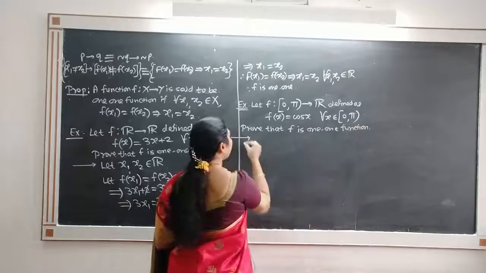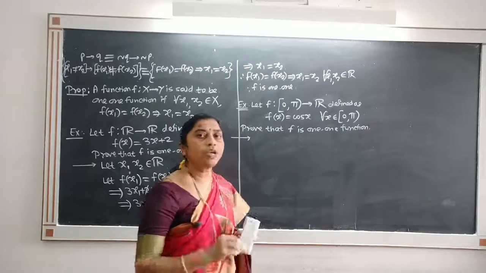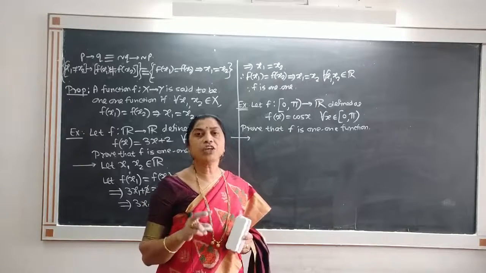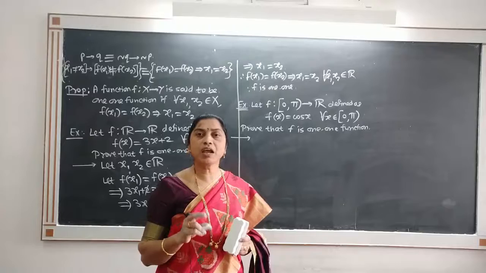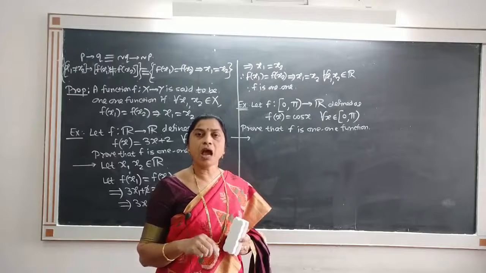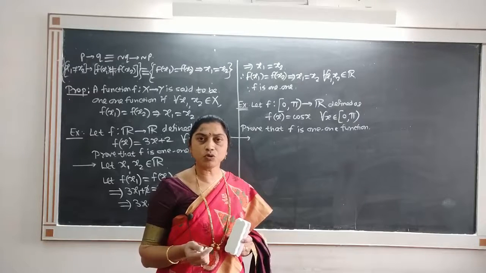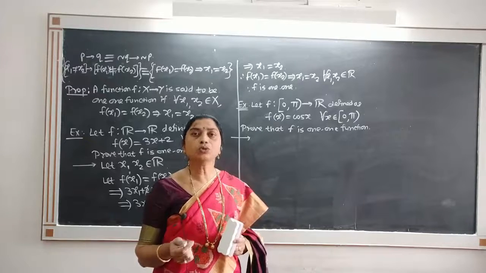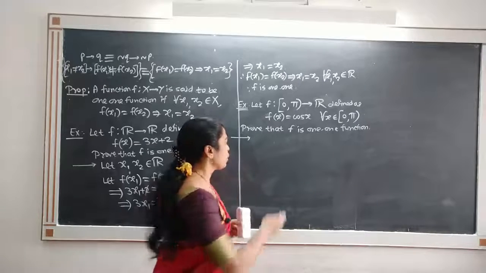So to prove that f is one-one, we will use this proposition, that is, starting with any two arbitrary elements x1 and x2 in the domain and starting with f of x1 is equal to f of x2, we will reach x1 is equal to x2, showing that f is one-one.